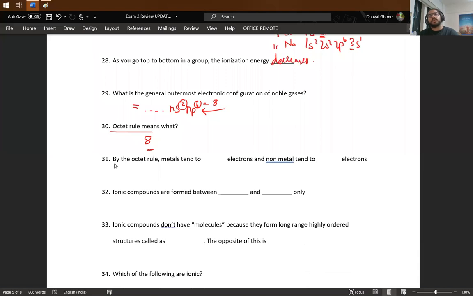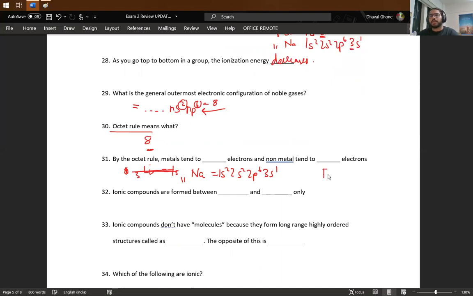Question 31 says, by the octet rule, metals tend to blank electrons and non-metals tend to blank electrons. The blanks have either option, gain or lose. How do you find that? Let's take sodium, it's a good example. 11 would be 1s2, 2s2, 2p6, 3s1.